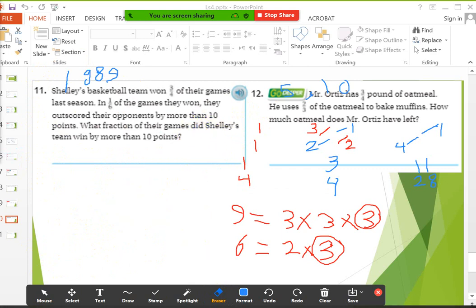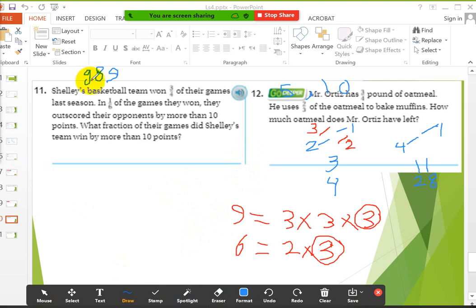I will choose someone to help me to solve exercise number 11, or problem number 11. I want you to raise your hand. Where are you, girls? Okay, let's see, maybe Arwa will help me. Yes, Arwa? Okay, Arwa, I want you to help me to solve the problem number 11.